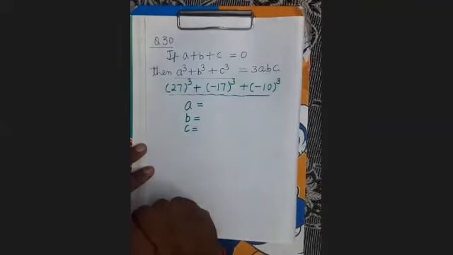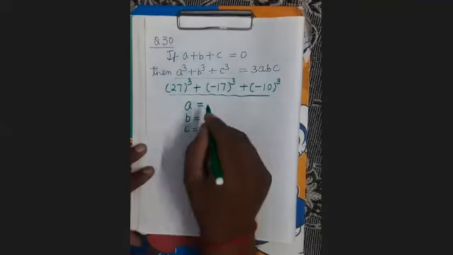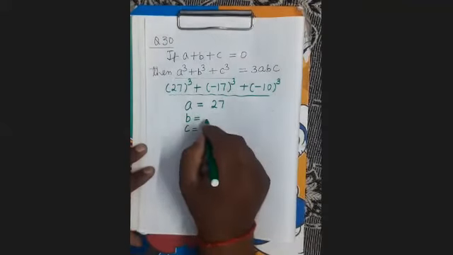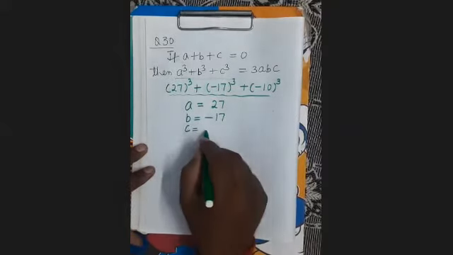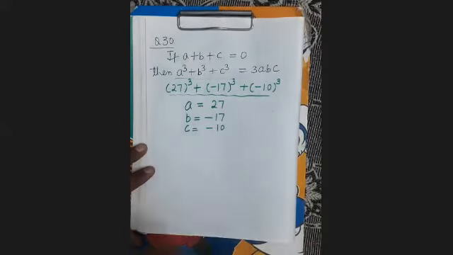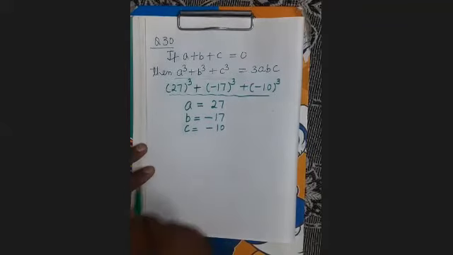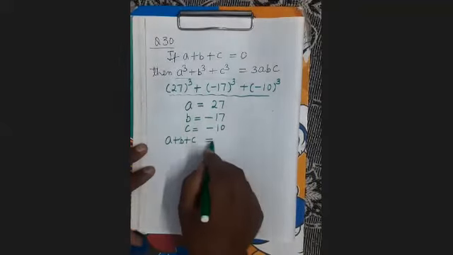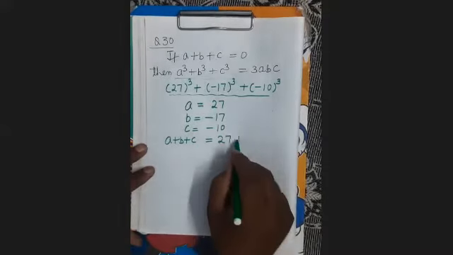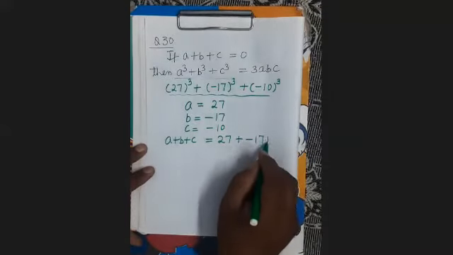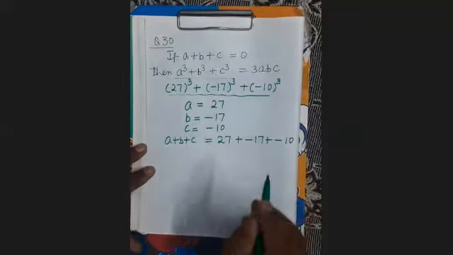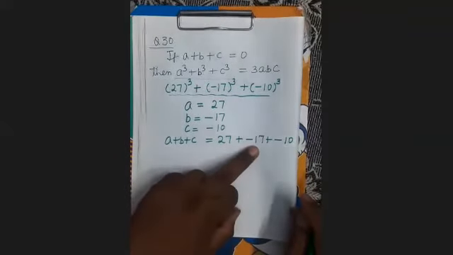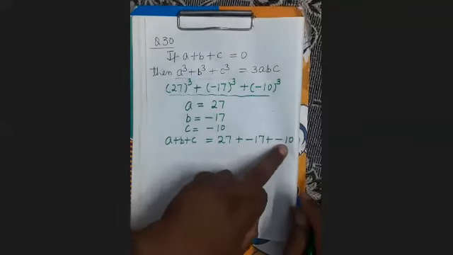A will be 27. B will be minus 17. C will be minus 10. So what will be A plus B plus C? 27 plus minus 17 plus minus 10.